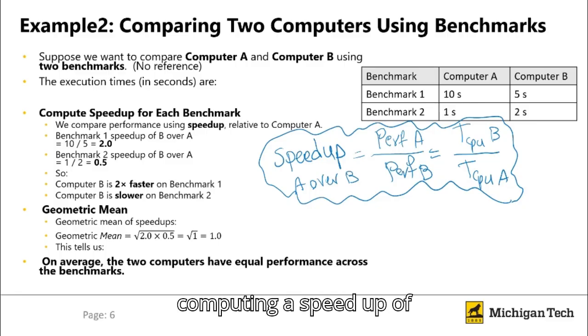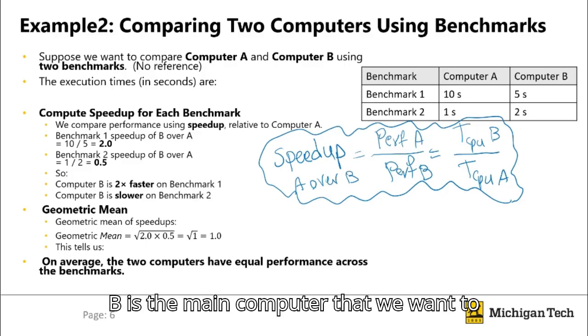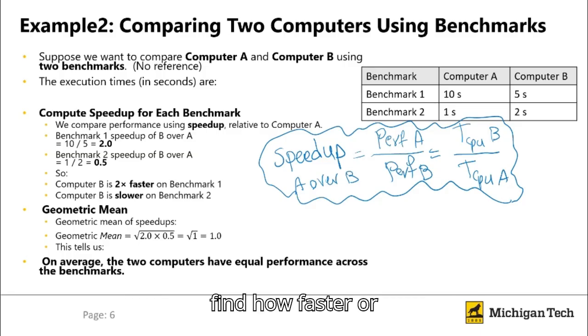Here we are actually computing the speedup of B over A. That's why we have 10 over 5. We want to see how much faster or slower B is, B being the main computer.